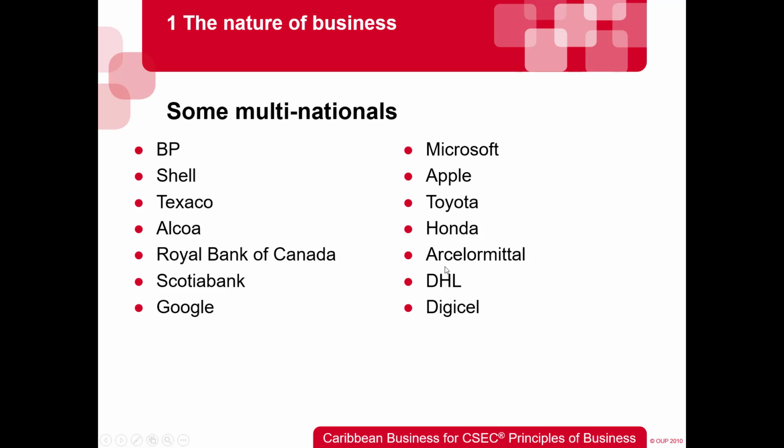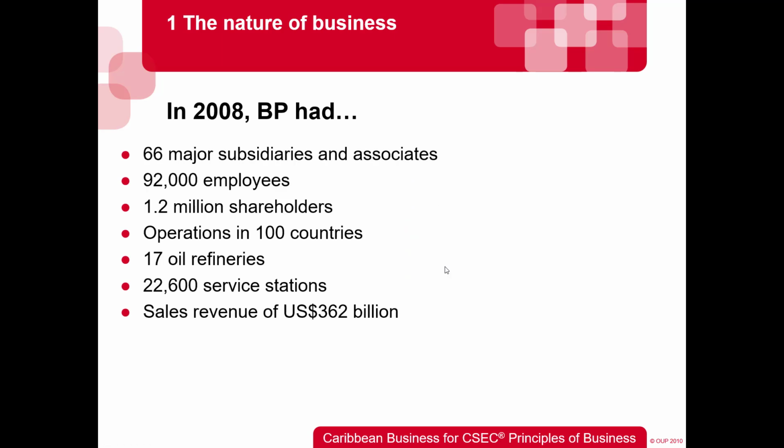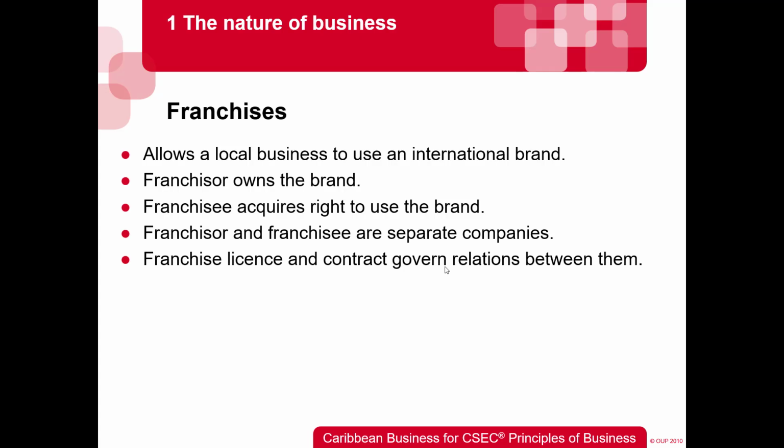In the franchise, a local person acquires the rights to use an international brand. And you have to understand this: the franchisor and the franchisee are separate companies. So the KFC that is operating in Jamaica is separate from the KFC operating in Trinidad, operating in the US, operating in Barbados, operating in Antigua.